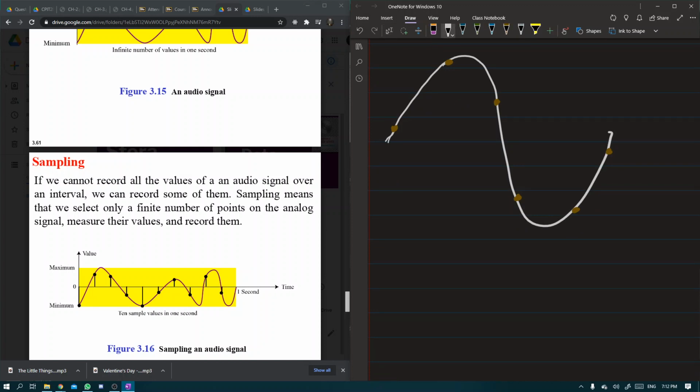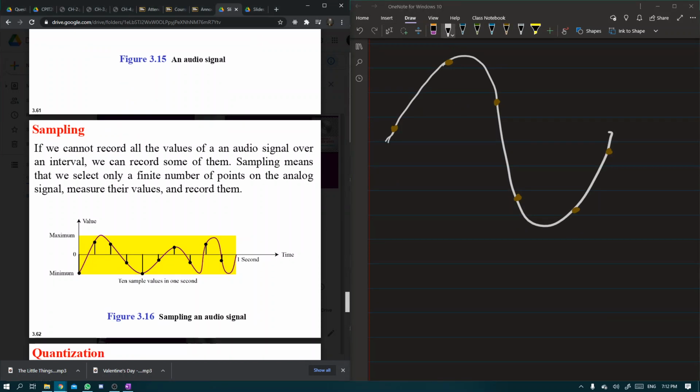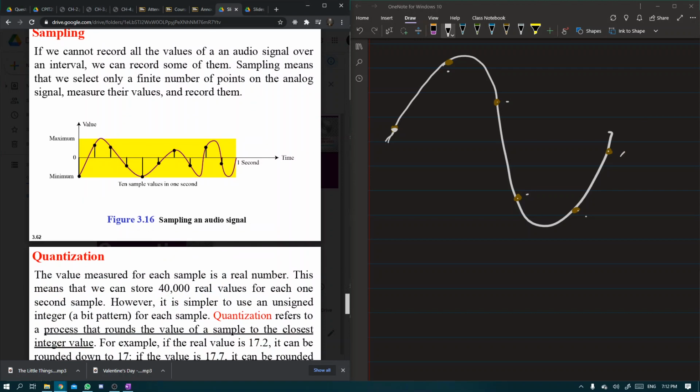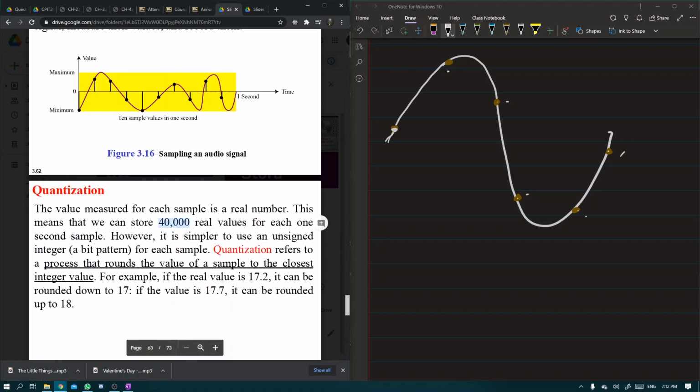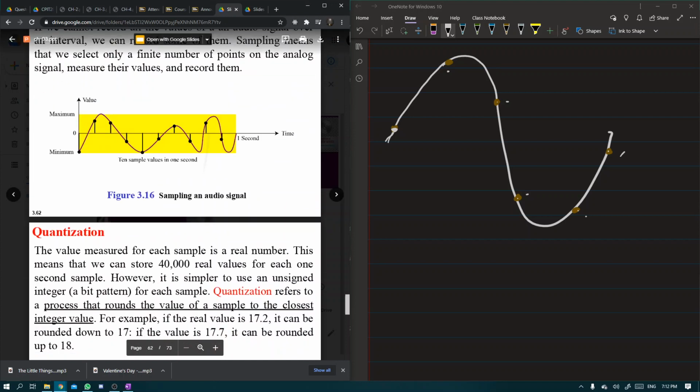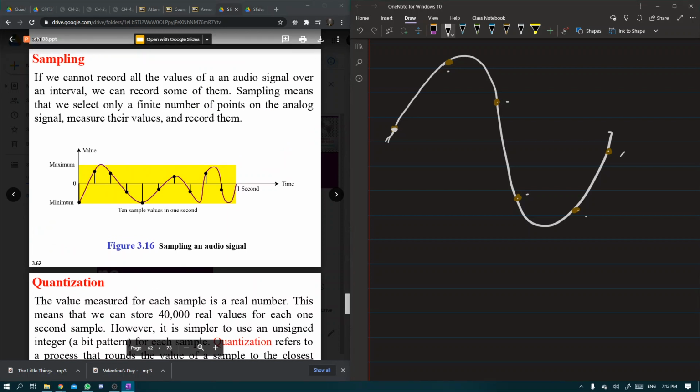That's sampling. At a certain frequency, you're checking what is the value here, what is the value here, in real time. And then quantization. The number of data points you could take is infinite. You could keep zooming in and you would keep finding more. So you want to make it discrete, so only a few values.